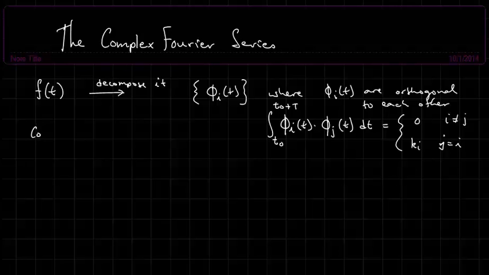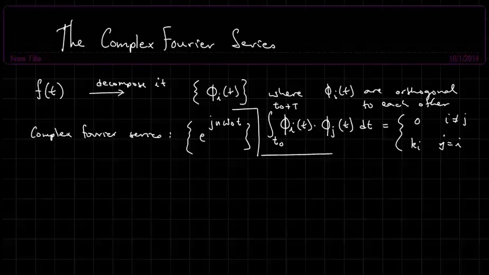For the complex Fourier series, we use the set of basis functions e to the j n omega naught t, where omega naught is defined as 2 pi over T, the period over which we are trying to approximate f of t by this weighted sum of basis functions.